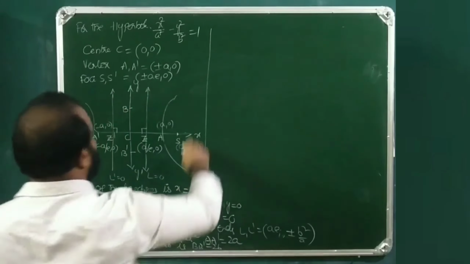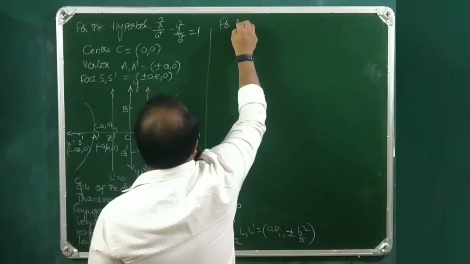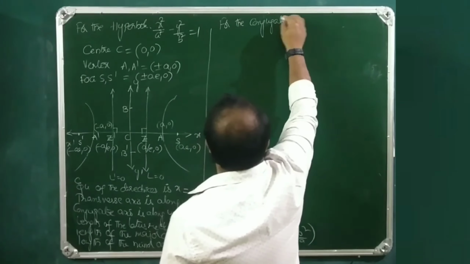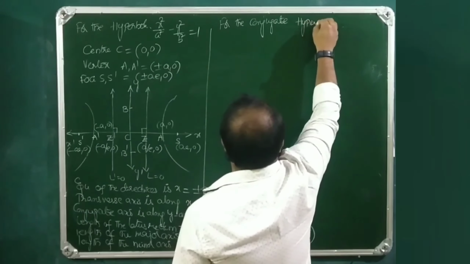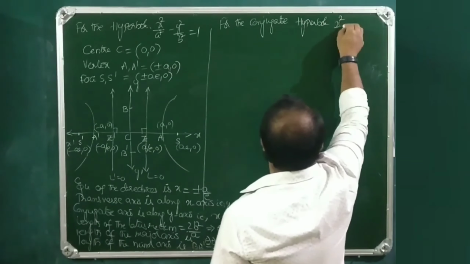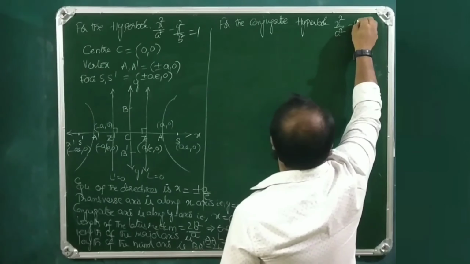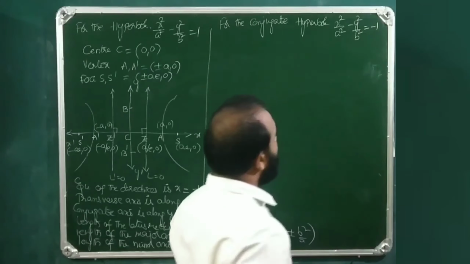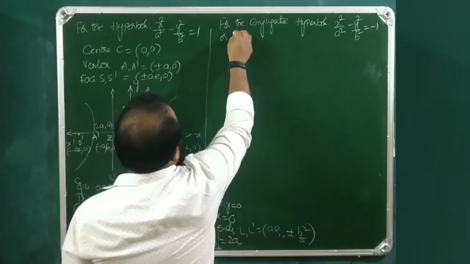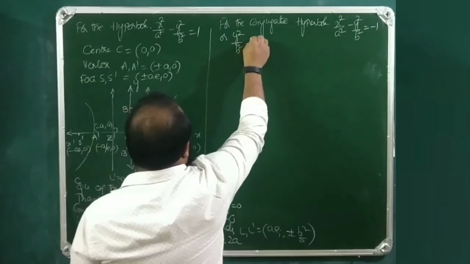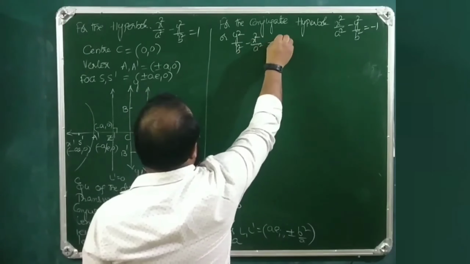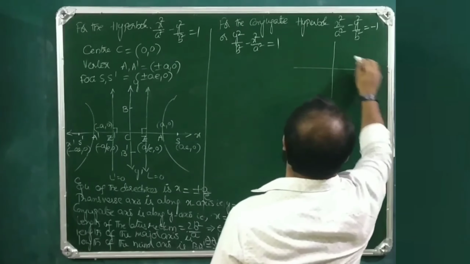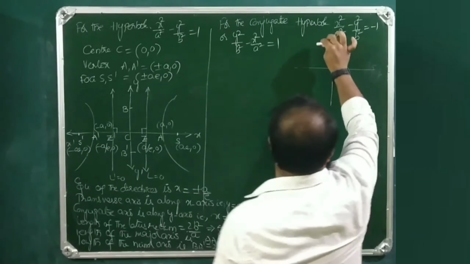Now, for the conjugate hyperbola, x square by a square minus y square by b square is equals to minus 1, or y square by b square minus x square by a square equals to 1. So this hyperbola is like this.